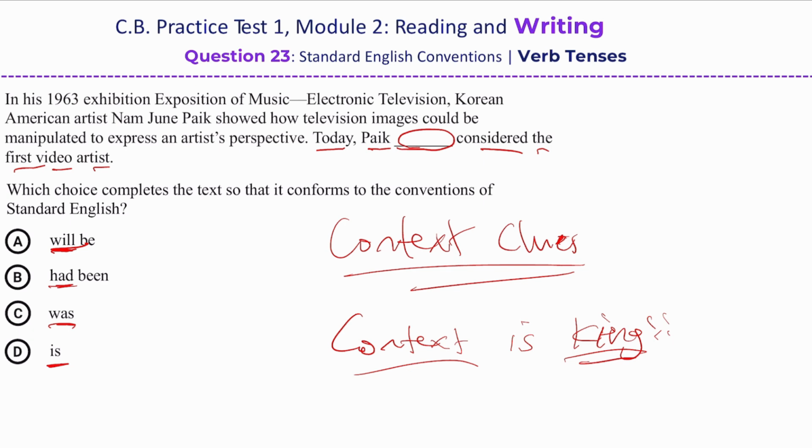So when you have the past perfect tense, I'll just talk about it briefly here. Past perfect tense is used to indicate that a past event occurred or happened before another past event or a past point in time, right?